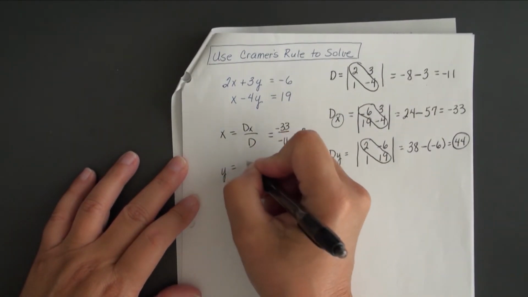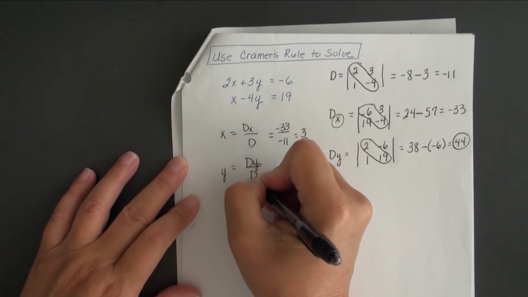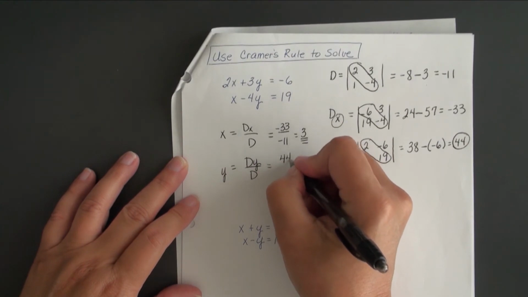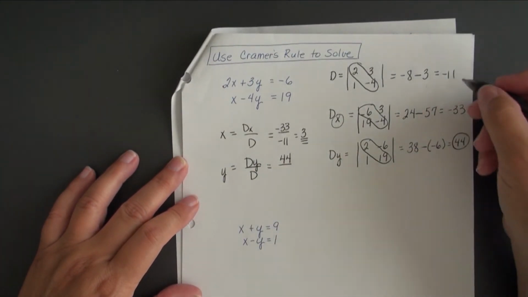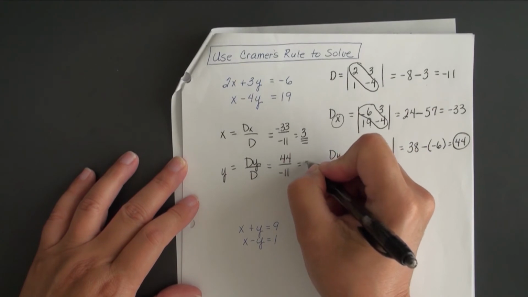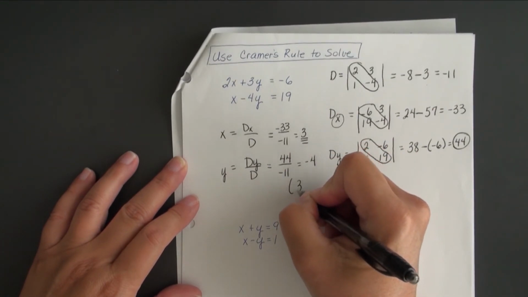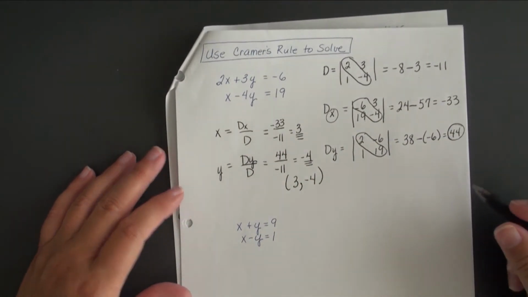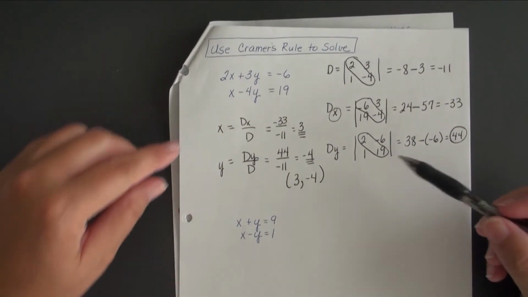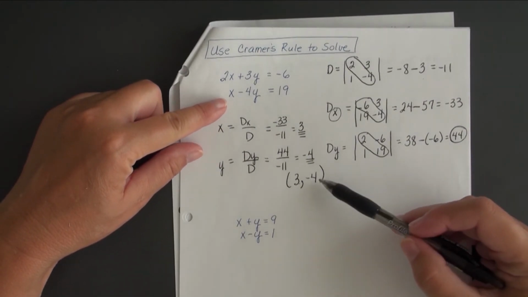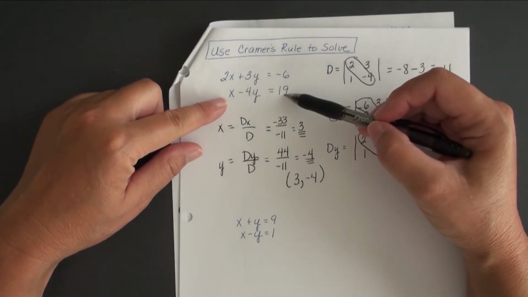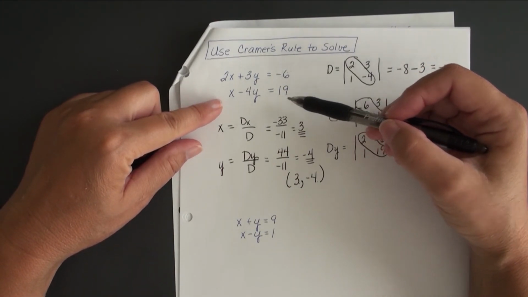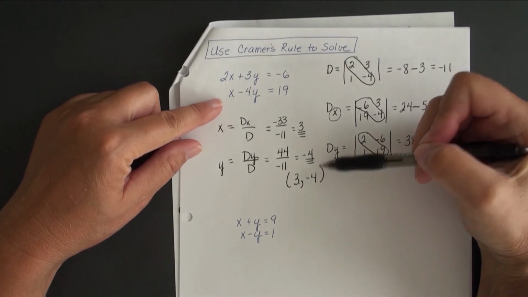Y is always equal to Dy divided by D, so that would be 44 divided by -11, which is -4. So x is 3 and y is -4. You can always check your answer by plugging 3 in for x and -4 in for y into your original equations. If you take time to do that, you will see that this is the correct answer.